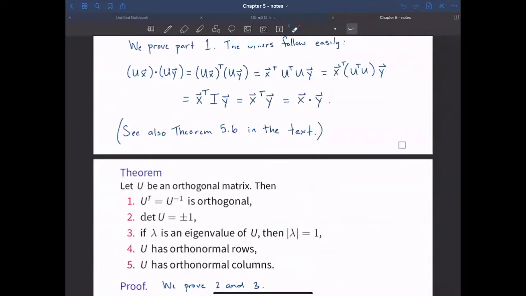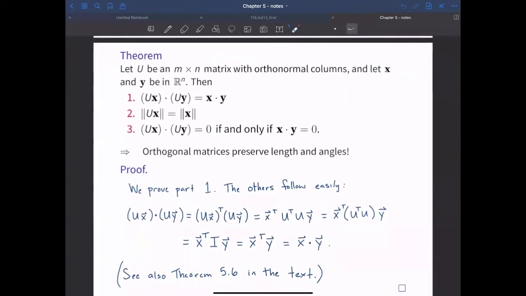Yeah, so these were summarized in 2 theorems at the very end of section 5.1. The first theorem that we saw about orthogonal matrices was basically that an orthogonal matrix preserves the length and angles of vectors.